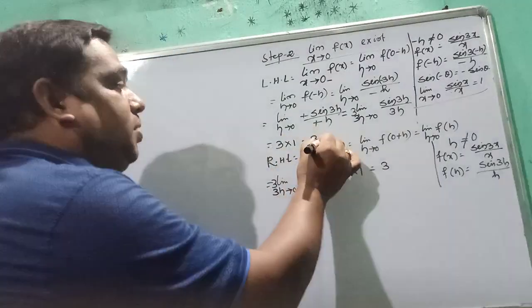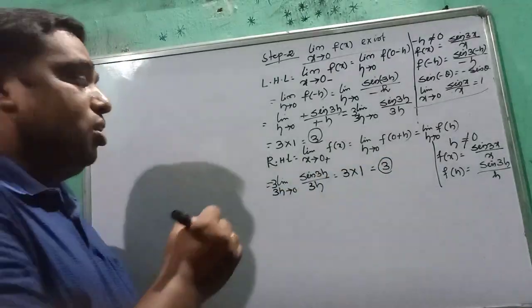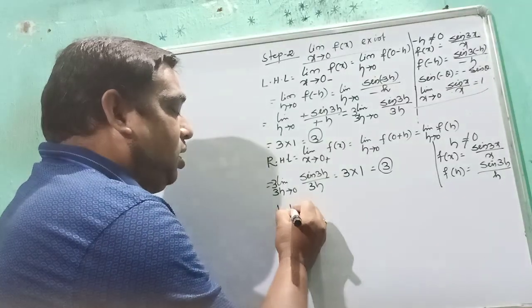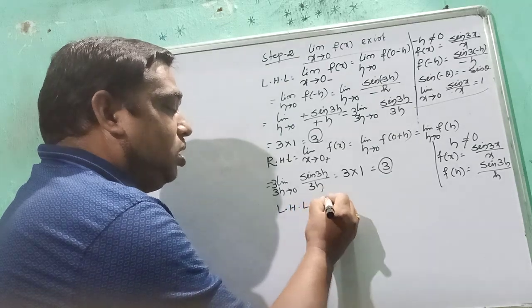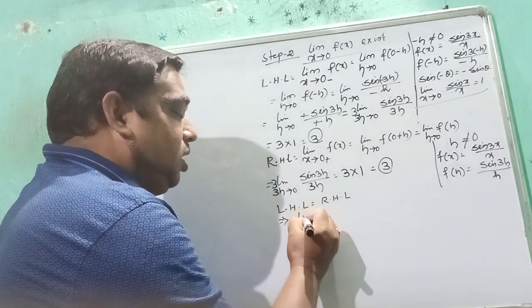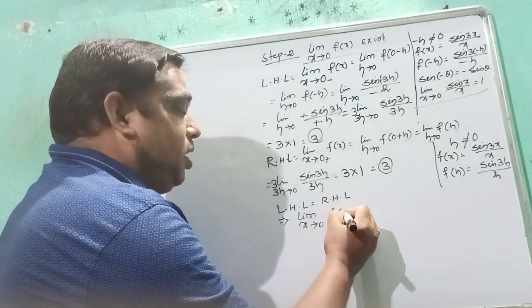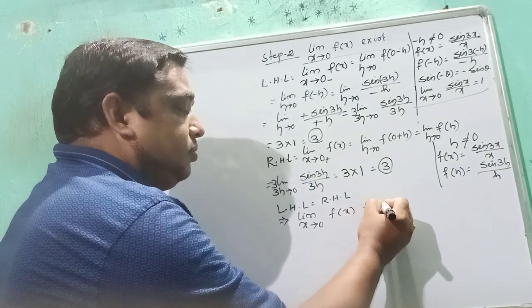Now here the left hand limit is 3, the right hand limit is also 3. So the left hand limit is equal to the right hand limit. That's why limit x tends to 0 of f(x) exists.